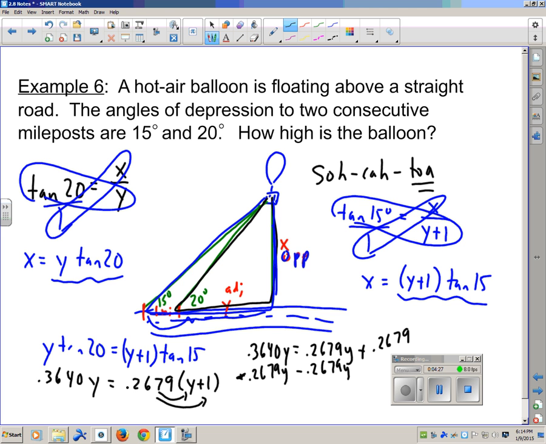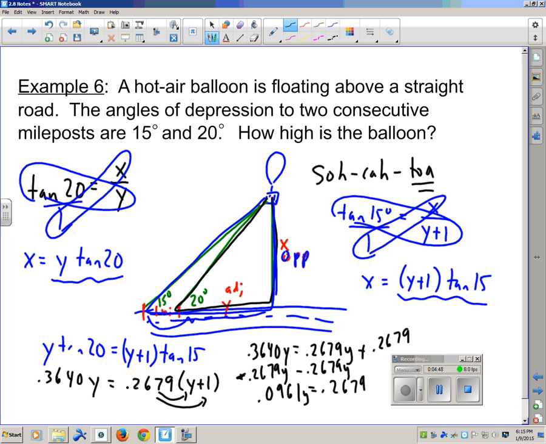79y. So I've got to take 0.3640 minus 0.2679. And I'm getting 0.0961 y equals 0.2679. I forgot my y in there.